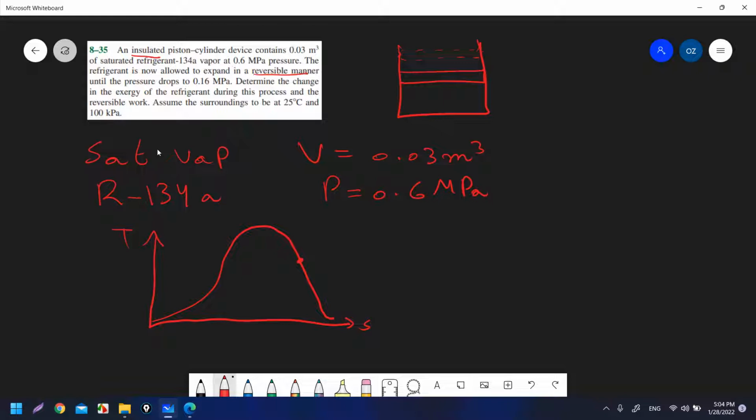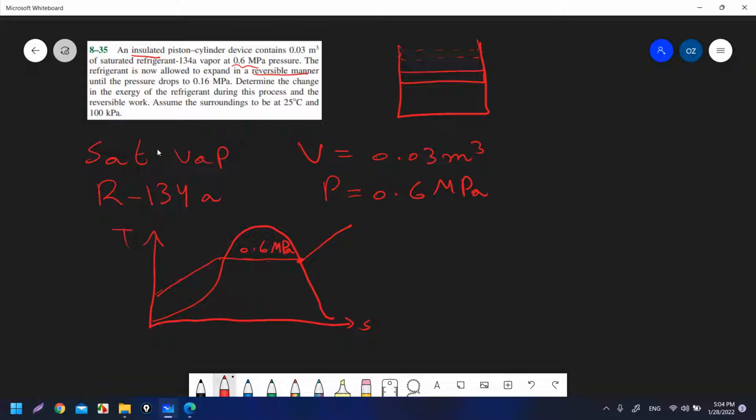He said at the beginning it was 0.6 megapascal. So for the pressure lines, here is the first pressure line, this is 0.6 megapascal. And it expands in a reversible manner. Reversible manner means it is an ideal process, so the entropy will remain constant.